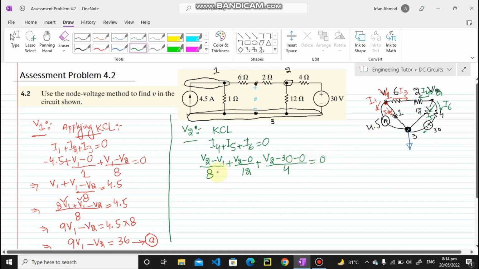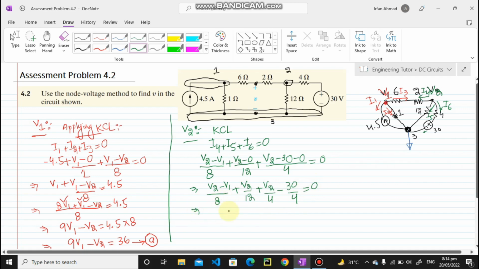So this is equal to 0. Okay, so this one again, (V2 minus V1) divided by 8 plus V2 divided by 12 plus V2 divided by 4 minus 30 divided by 4, and this is equal to 0.